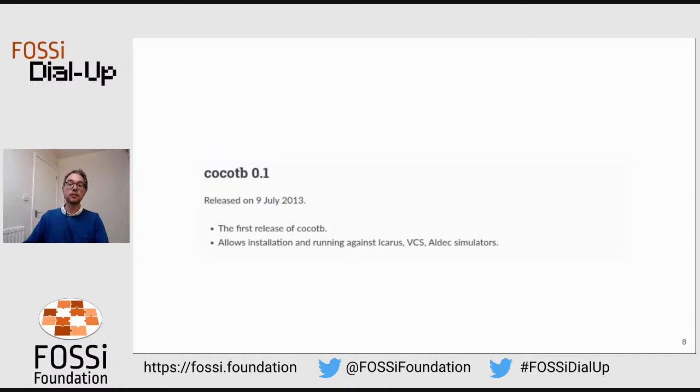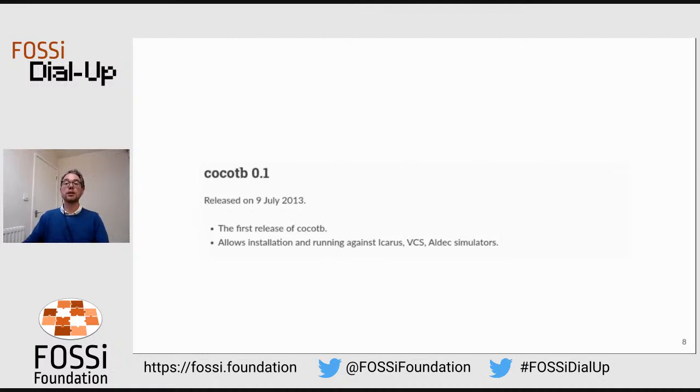And it started with the first public release in July 2013. Already interesting back then, Cocotb did already support 3 simulators. One open source simulator, that's Icarus Verilog, and 2 proprietary simulators, that's VCS and Aldec.